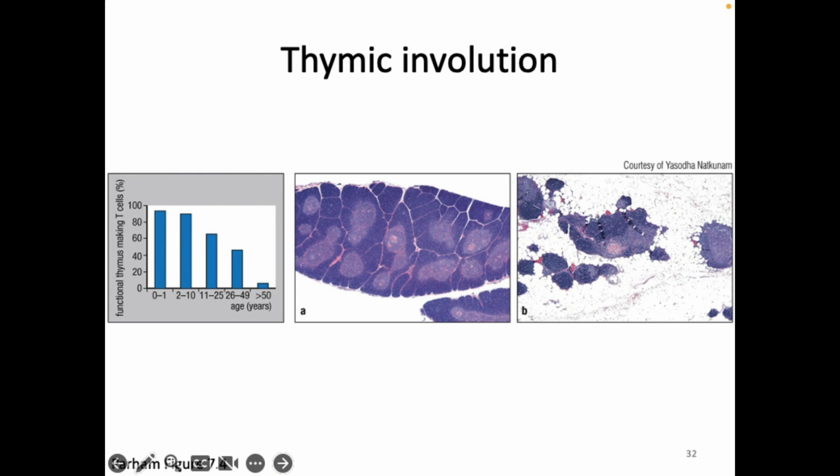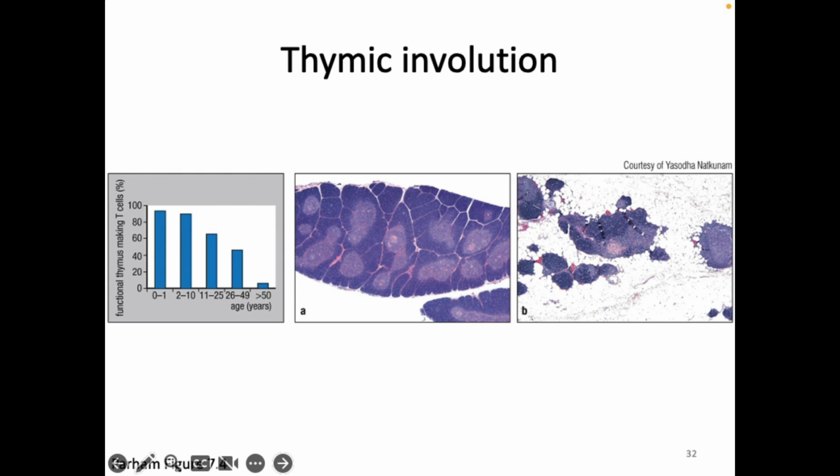Because over time, the thymus changes. So this is a young thymus that you see in the middle, and this is an old thymus. The thymus actually gets basically invaded by fat cells, and you have less surface area of all of that thymus structure. This process is known as thymic involution.